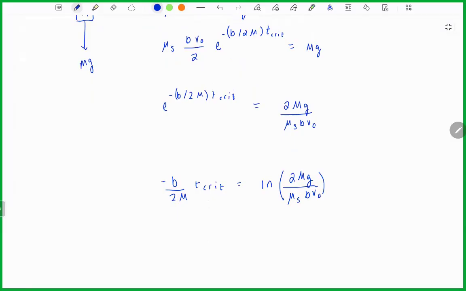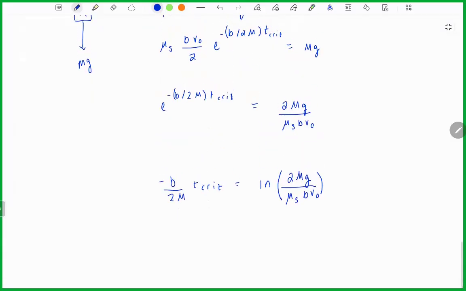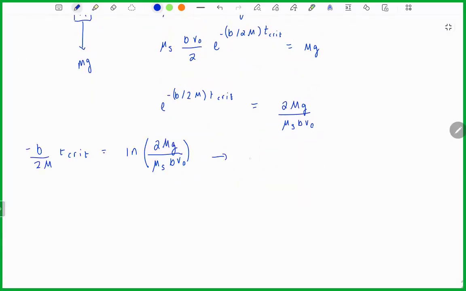And at this point, fairly straightforward algebra. So we get t critical is equal to negative 2m over b ln of 2mg over mu s b v naught.